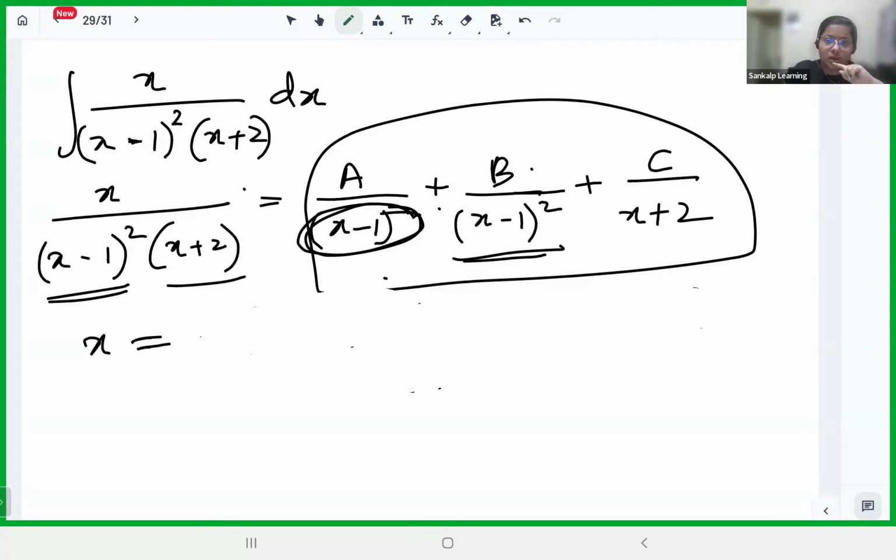Which is not present is (x minus 1) and (x plus 2). So this is a into (x minus 1) into (x plus 2).